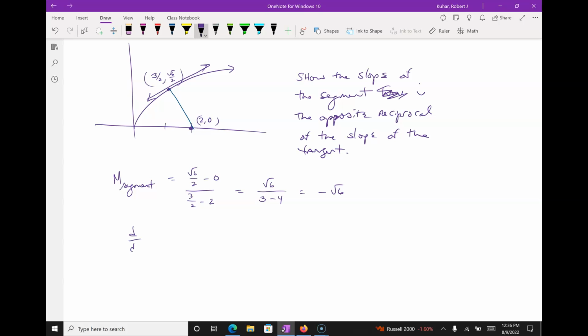Our derivative of square root of x is 1 over 2 square roots of x. So that's f prime, right? So the slope of the tangent is going to be f prime at 3/2. So that's 1 over 2 square roots of 3 halves.